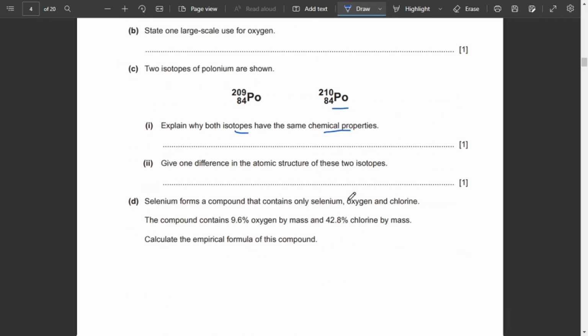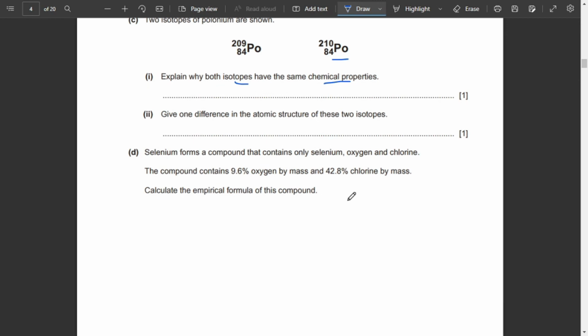Moving on to part D, selenium forms a compound that contains only selenium, oxygen, and chlorine. The compound contains 9.6% oxygen by mass, 42.8% chlorine by mass. Calculate the empirical formula of this compound. If we look at the empirical formula, we're supposed to, okay, I'll do it in front of you all.